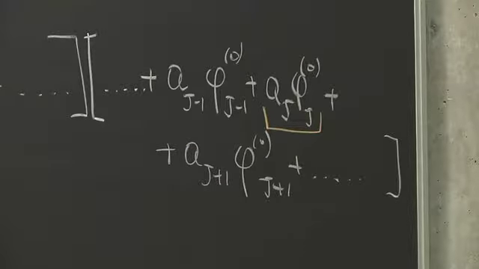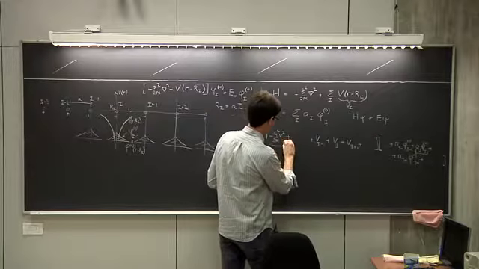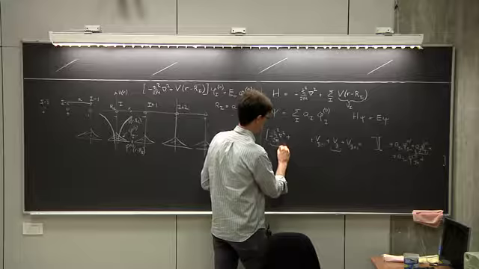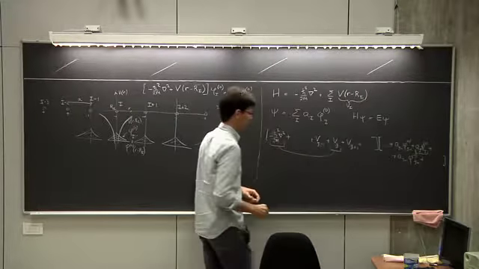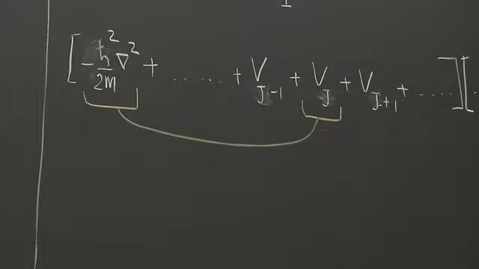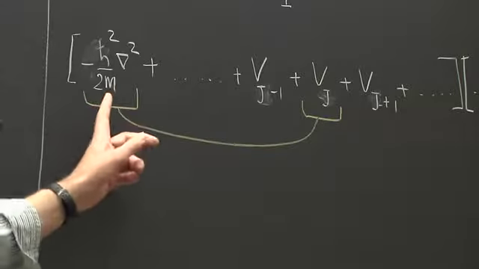I'm going to group the Hamiltonian in a very specific way. I'm going to do it by taking this term together, and consider all the rest as a separate object. Of course, it is obvious why I'm doing that, right?